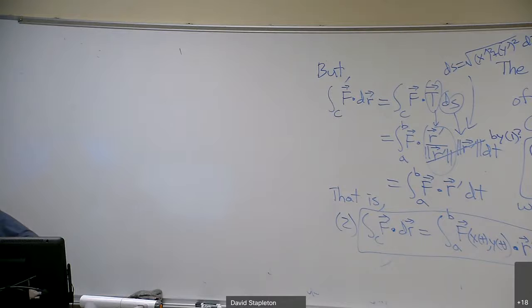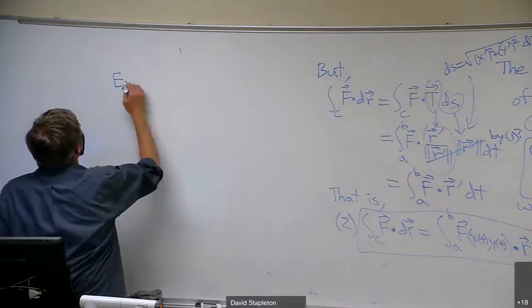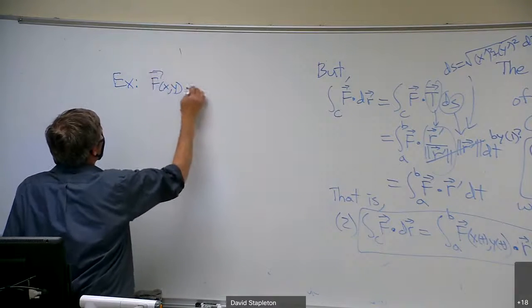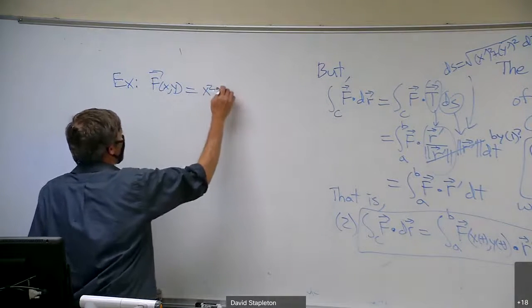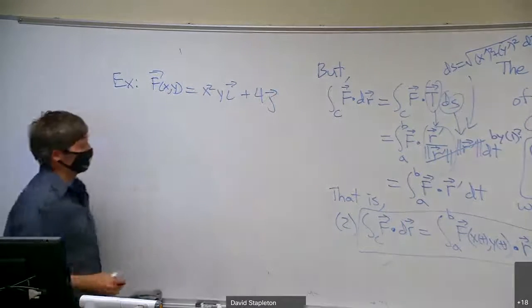There we go. Suppose F of x, y, a vector field, is x squared y i plus 4j. Well, that's your vector field.